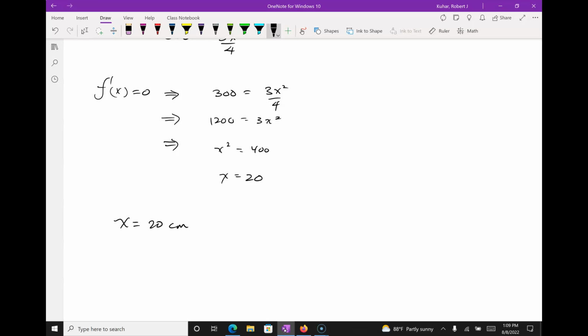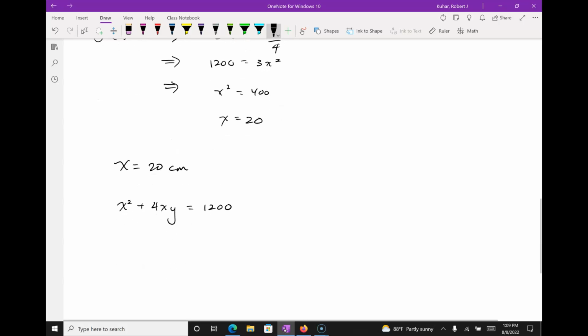We have to find y. We already know that x squared plus 4xy is 1200. With x equals 20, we can put in 20 squared plus 4 times 20 times y equals 1200.